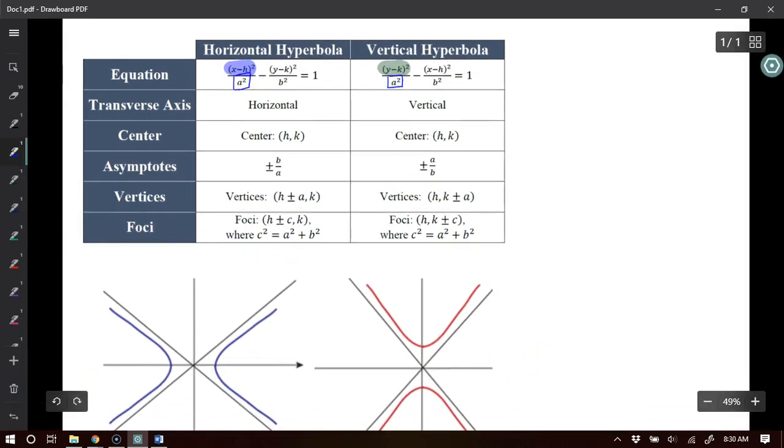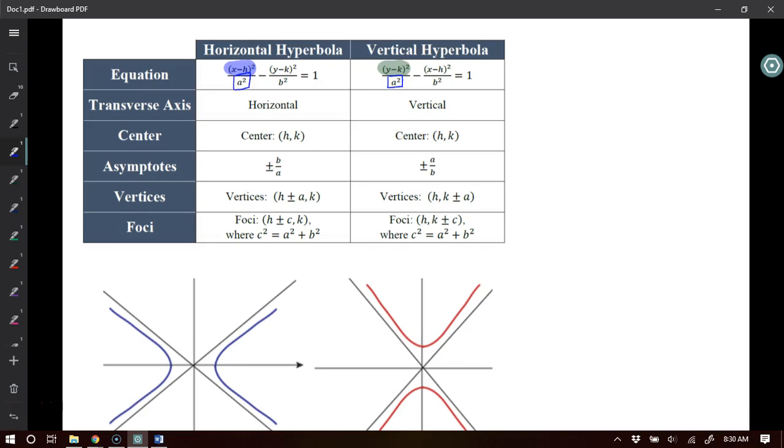So this is I'd say the big difference between ellipses and hyperbolas: the A value is constantly the denominator of the first fraction for hyperbolas. For ellipses, the A was the largest number in the denominator.